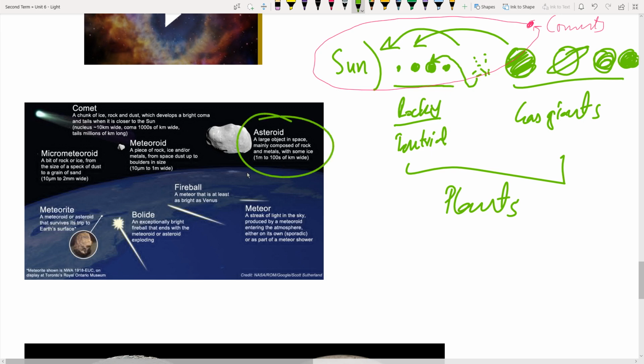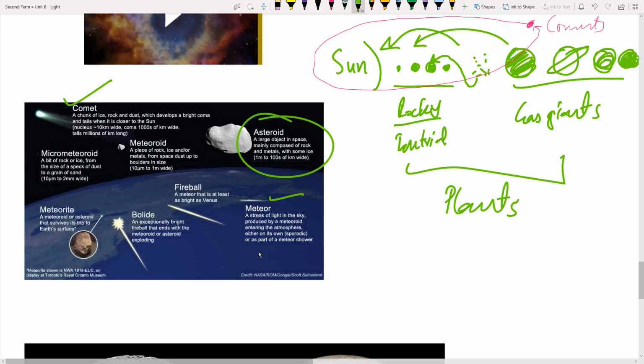So these are asteroids. We've discussed comets, right? Now, when you look at the night sky, you see some shooting stars.